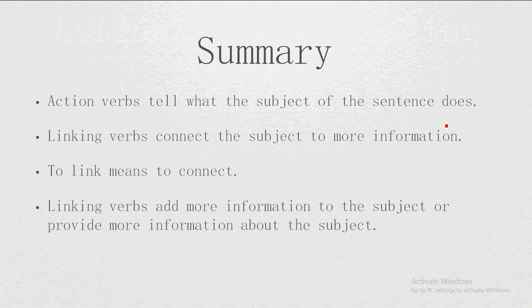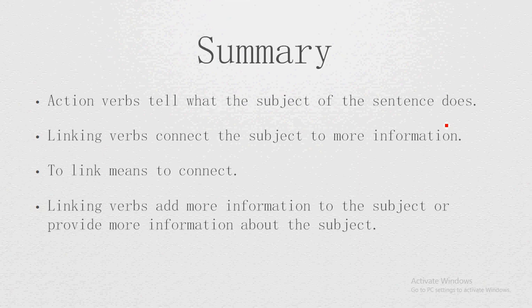Okay, so to summarize the lesson today about linking verbs, and we touched on action verbs. Action verbs tell what the subject of the sentence does. Linking verbs connect the subject to more information.